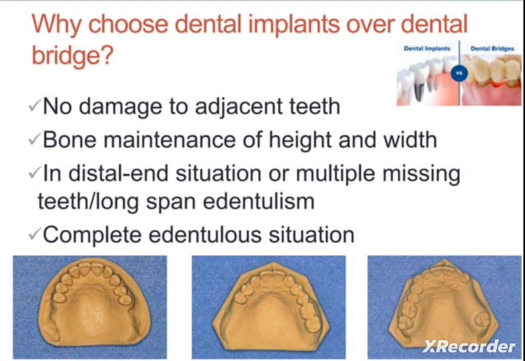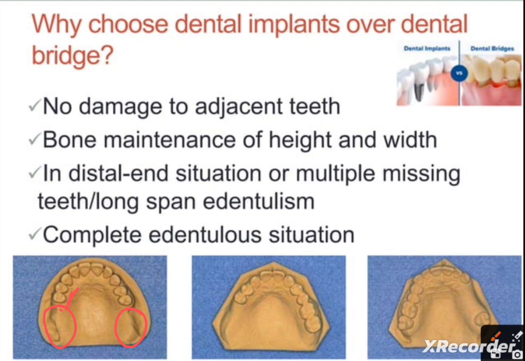The third advantage is that in a distal end situation, or multiple missing teeth, or long span edentulism, we cannot place a dental bridge. As you can see in this image, this is a distal end situation. So what will happen in this case? If we place a dental bridge, then obviously we have to take support from the adjacent mesial teeth.